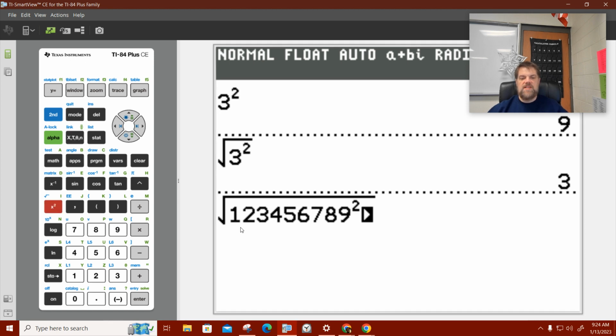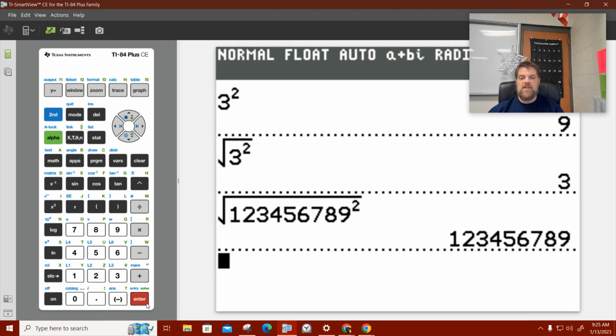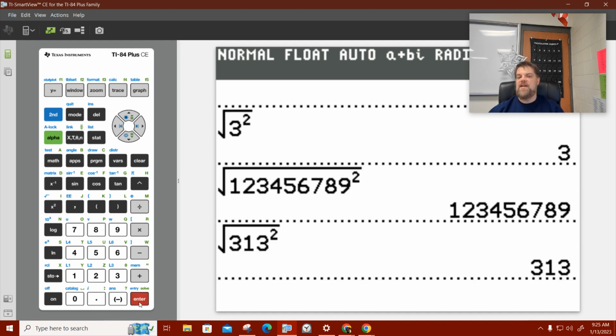It doesn't matter what this number is. When I take the square root of a square, I'm undoing what's being done. And I hit enter, and it's just going to be the base, no matter what I put in there. If I take the square root of 313 squared, it's just going to be 313. So that's the first part.